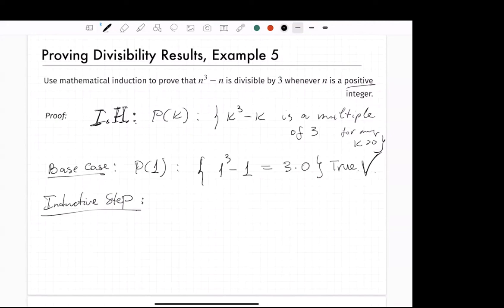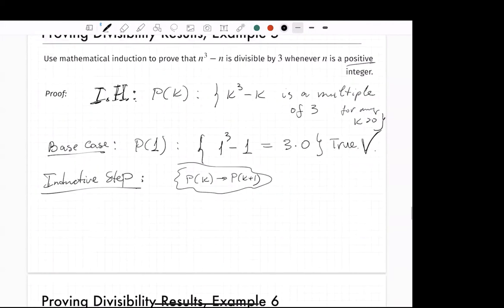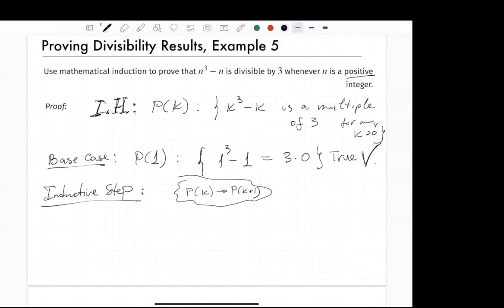Okay, inductive step. What does the inductive step say? It says that P of K implies P of K plus 1. That's what I want to prove by the principle of induction. Then my inductive hypothesis will be true for any K. So assume P of K is true. This is what we get to assume.